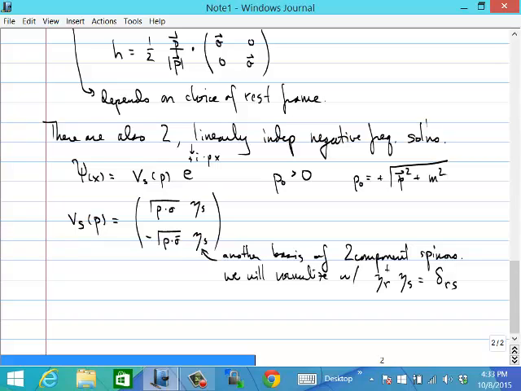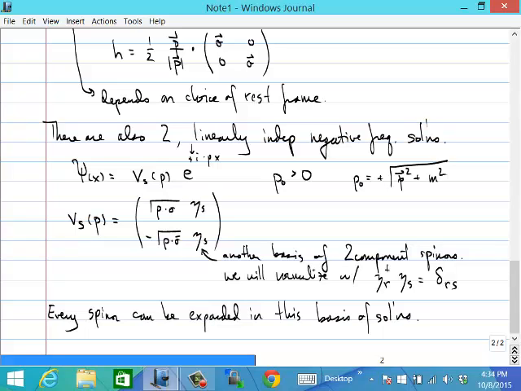Okay. So every solution to, or let me say that even more generally, every four-component spinor can be expanded in terms of this basis of solutions, in terms of the u's and the v's.